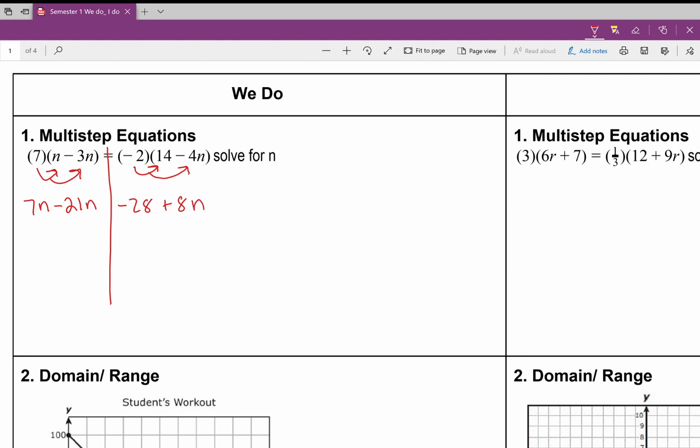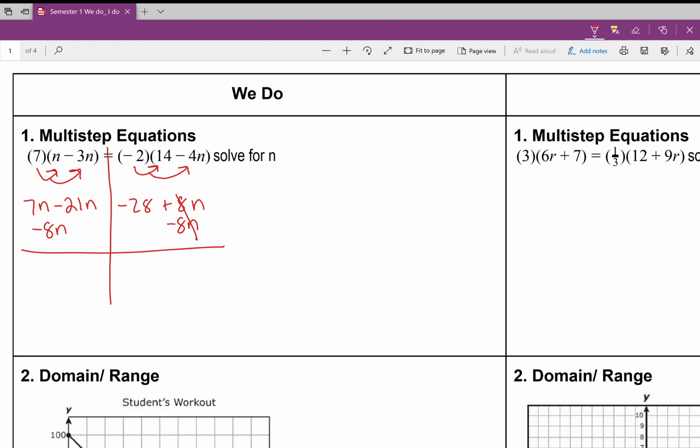Okay. So now what I need to do is I need to get all my n's onto one side. So right here, notice I have 7n and minus 21n, and then I have an 8n on the other side. So I'm going to subtract 8n, so that cancels. Subtract 8n. And I'm going to go ahead and combine all these like terms on this side.